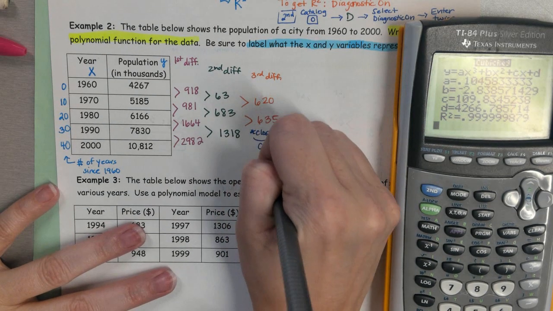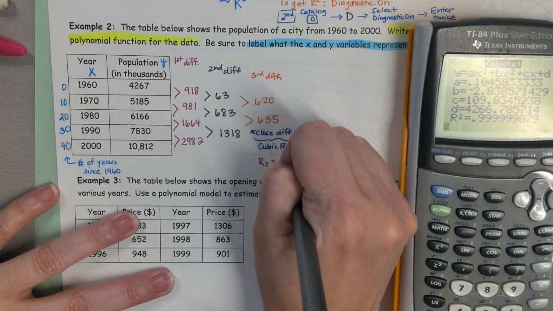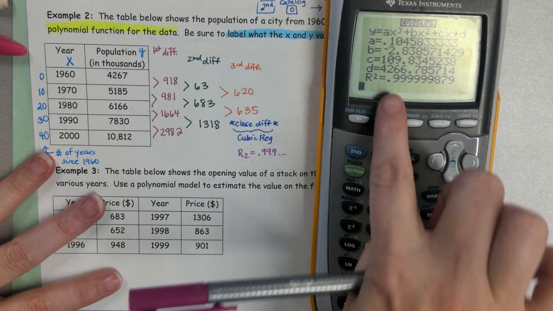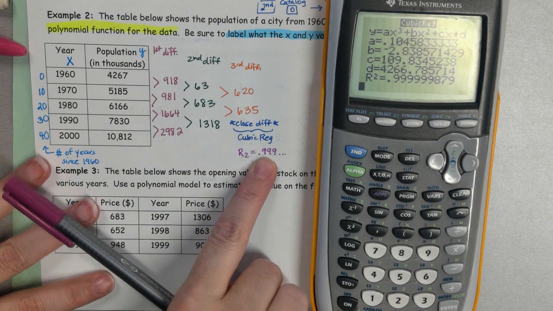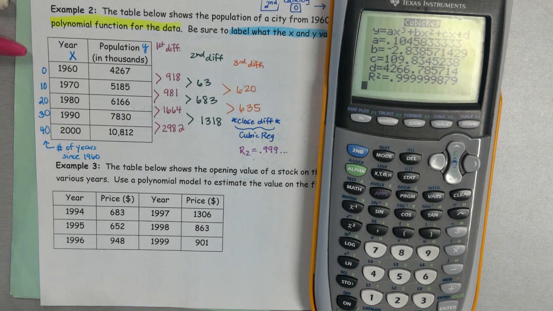And then, so your R squared value, we're going to round this out to the nearest thousandth, so 3 places after the decimal, okay? I can see my R value is 0.999. So would we say that this is a strong correlation or a weak correlation? Very strong, yes.